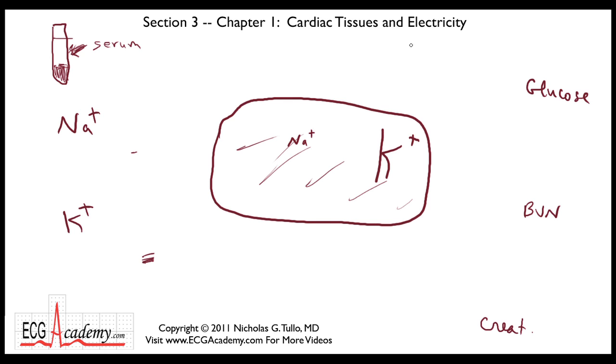It's reversed, with lots of sodium on the outside of the cell and just a little bit of potassium on the inside. And so this difference in concentration is what allows the heart muscle cell to generate electrical activity, because these ions rush in and out of the cell, and the movement of these charged particles generates little tiny electrical signals.